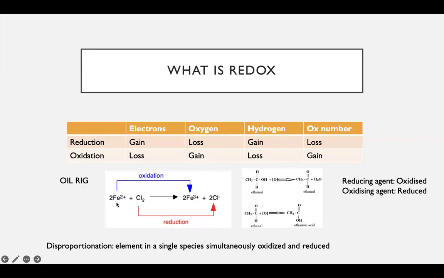And if we look at this example here of the iron and chlorine reaction, we can see that iron is oxidized. It loses an electron. Each ion loses an electron. So iron is oxidized, and chlorine, contrastingly, is reduced. But because iron is oxidized, it serves as a reducing agent for chlorine.